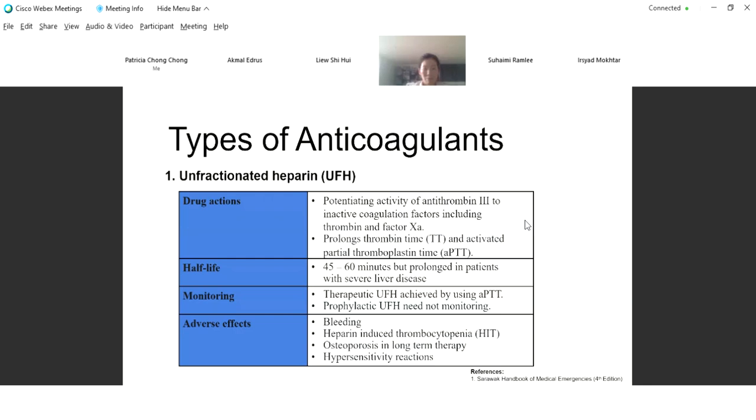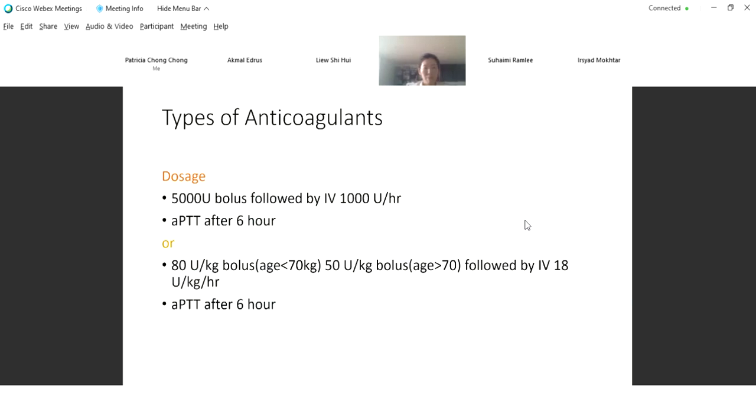There are some side effects of this anticoagulant, such as bleeding, heparin-induced thrombocytopenia, osteoporosis in long-term therapy, and hypersensitivity reactions. For the dosage, there are two options. The first option is a bolus of 5,000 units, followed by IV administration of 1,000 units per hour. Then you take the APTT after 6 hours.